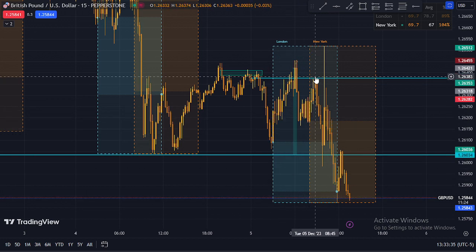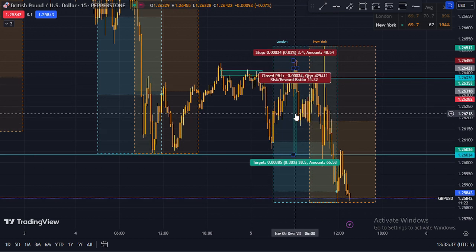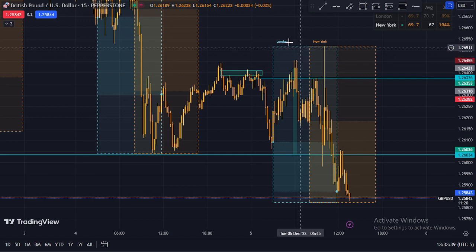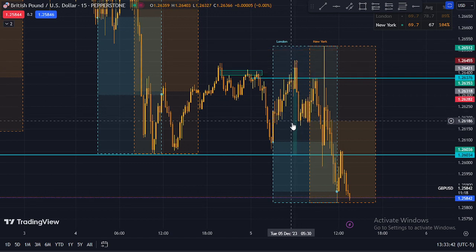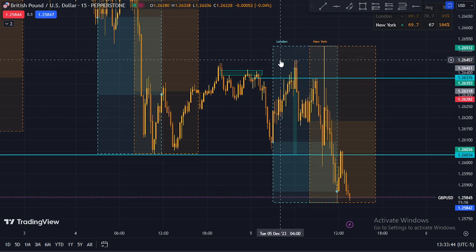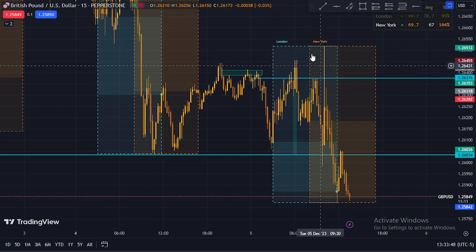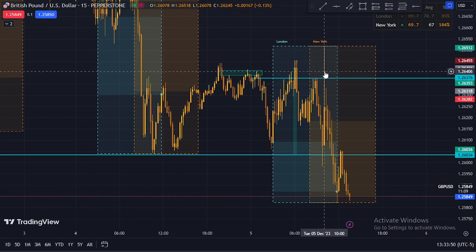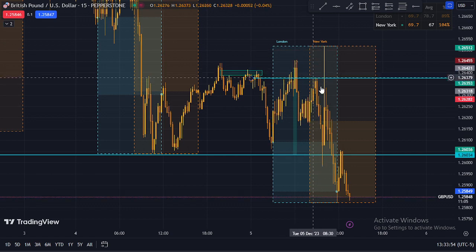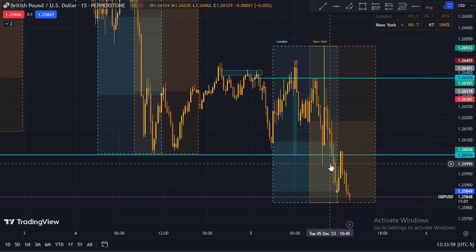It happened before this happened. So this was a Judas swing, something that tricks traders to go long, thinking that it's going to take this high. But we already took the buy side. So there is no need for the market to go up there again, and time is a factor now. So price comes back near the midnight opening price and then comes crashing down.